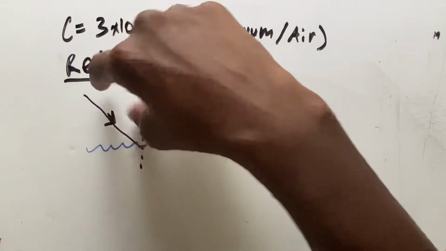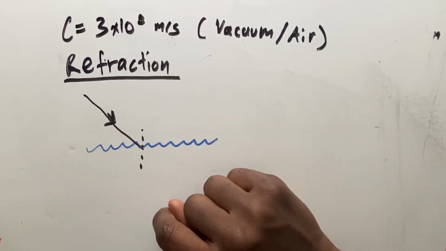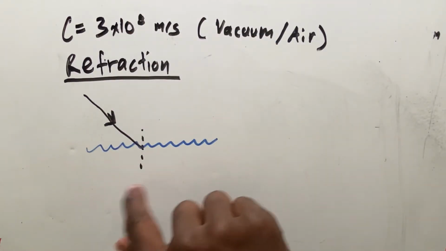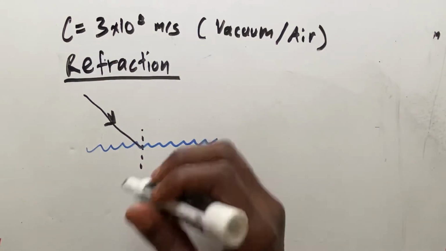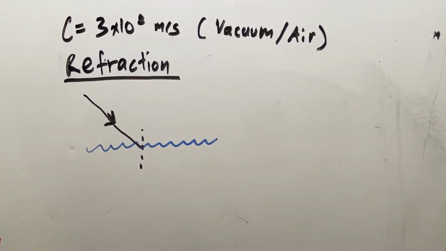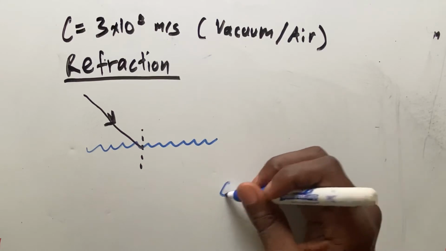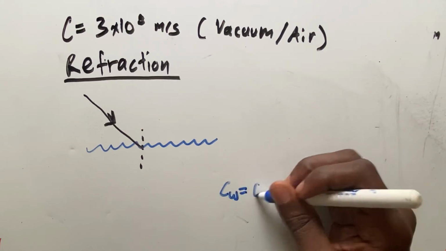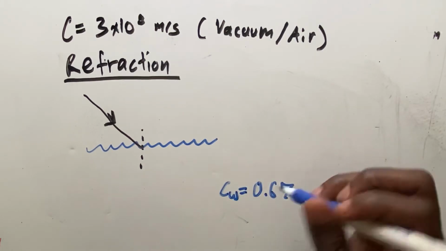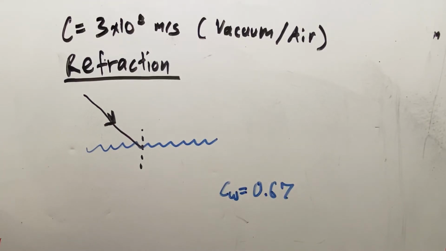This light here is traveling at the speed of light, but once the light gets into this water, it's traveling at the speed of light in water. I think it was 0.67. Is that what it was?